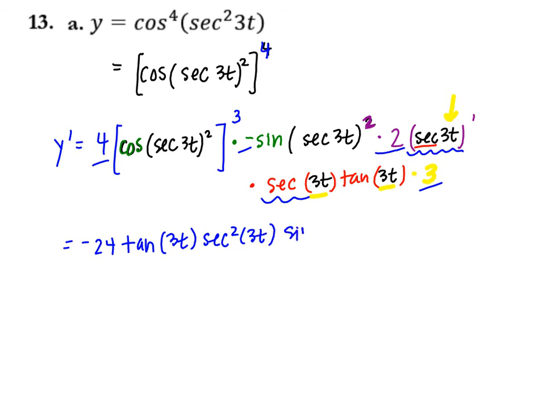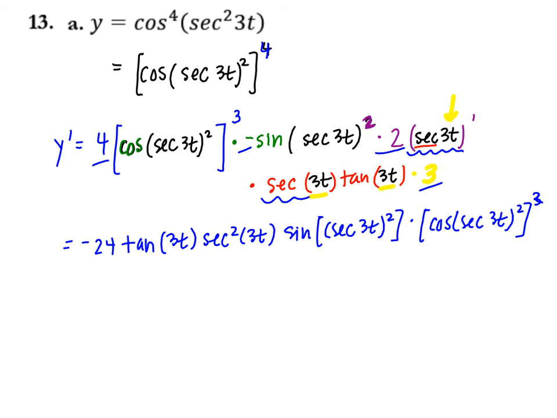Then we have a sine of secant of 3t squared and a cosine of the secant of 3t squared to the third.